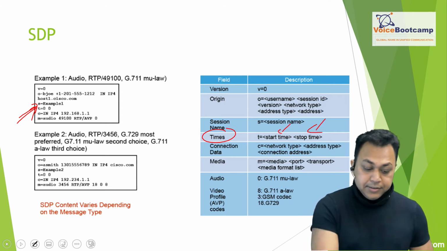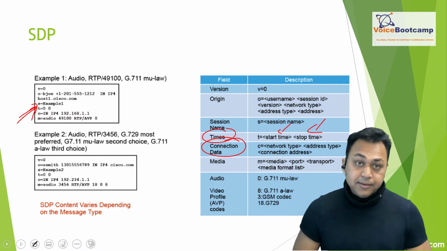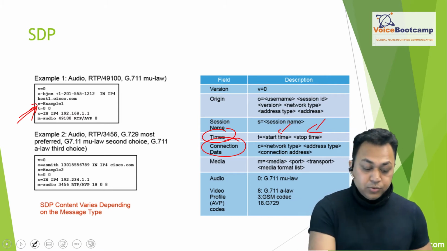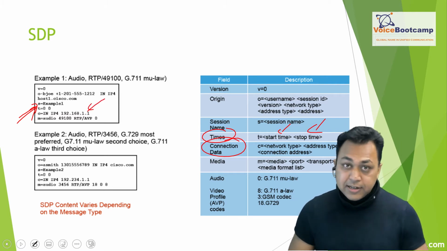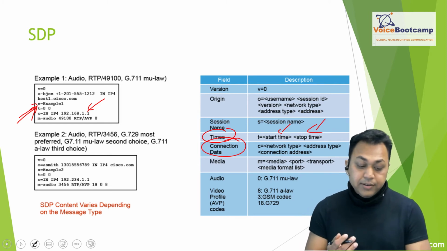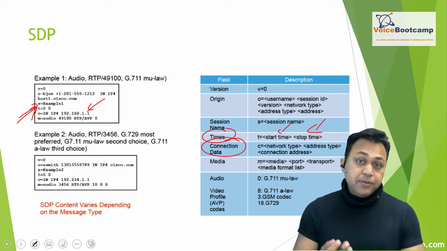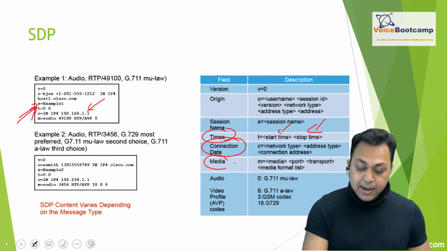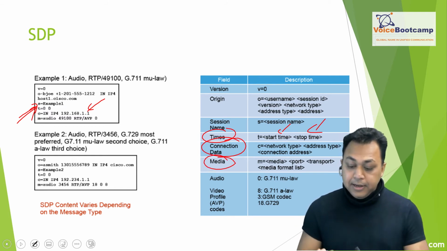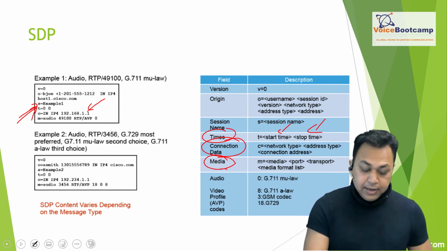C stands for connection data. Connection data means what IP address was used to establish the connection. So here you find the IP address and what type of IP protocol. Is it IPv4 or IPv6? And then you got M, which stands for media. It gives the media, the port, the transport, and the connection address where it's connecting to.